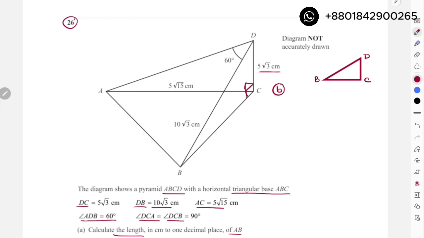DCB, and this is your 10 root 3, this is your 5 root 3.